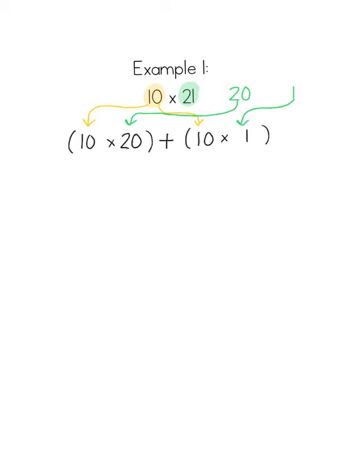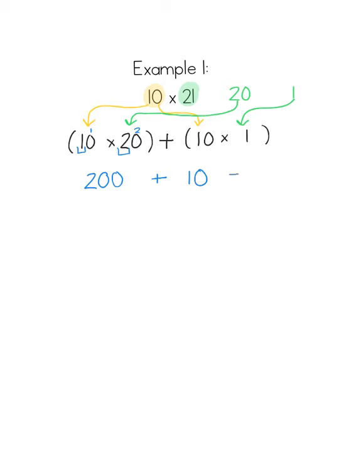Now 10 times 20, I'm going to multiply the leading numbers. So 1 times 2 is 2. And I'm going to count the zeros. There's 2 zeros. So 10 times 20 is 200. I know that 10 times 1 is just 10 because anything times 1 will equal itself.